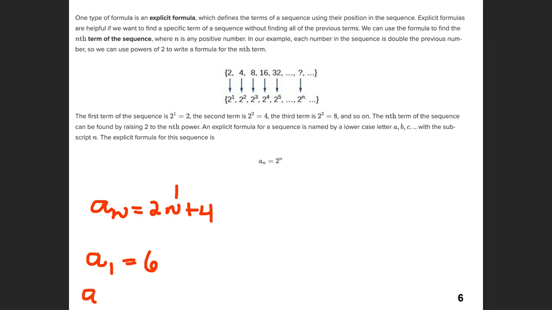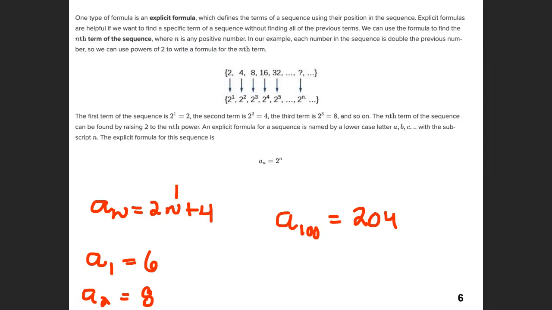So what is a sub 2? That means what is the second term? That would be 8, yes. What if I asked you, what is a sub 100? Could you figure it out fairly easily? Yes, 204. I sure hope you can figure it out easily.